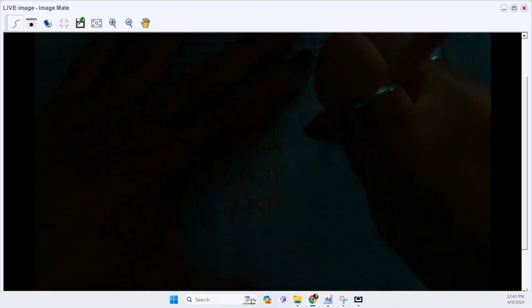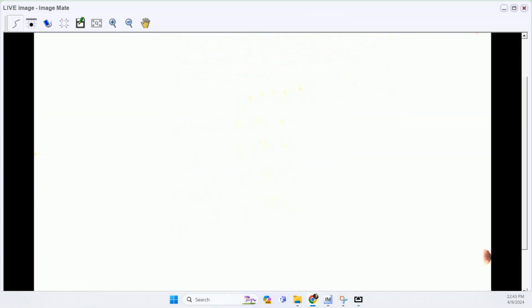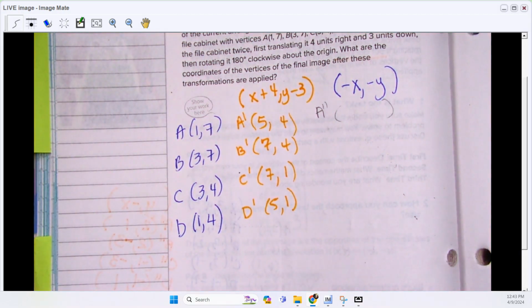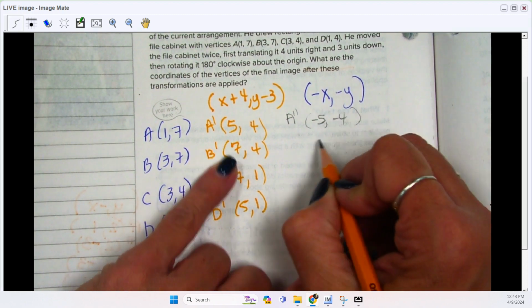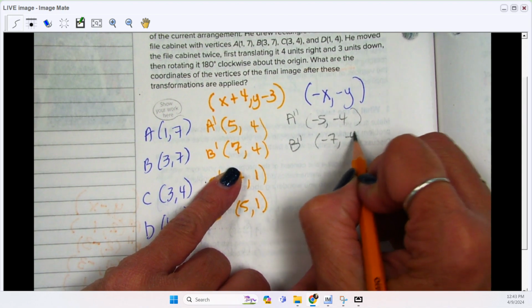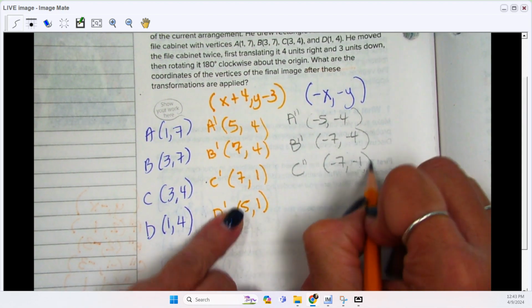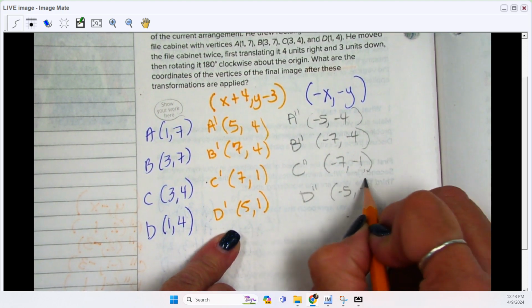Try that again. Okay, I'm just making them the opposite. So A double prime is negative 5, negative 4. B double prime, negative 7, negative 4. C double prime, negative 7, negative 1. D double prime, negative 5, negative 1.